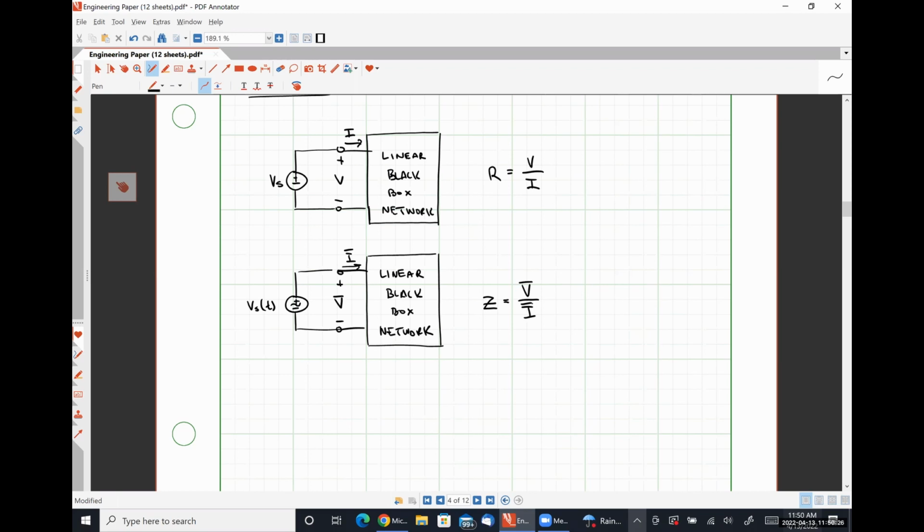So in the frequency domain, impedance plays the role of resistance. Now, since our phasor voltage V is a complex quantity, and our phasor current I is also a complex quantity, impedance itself must be a complex quantity. Okay?